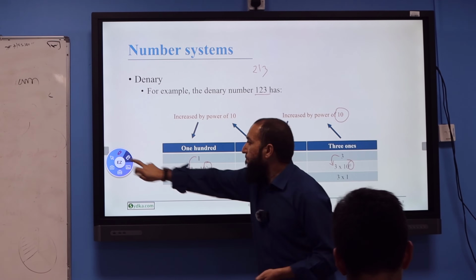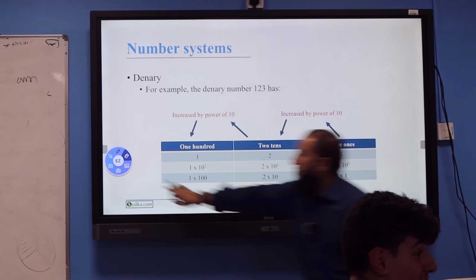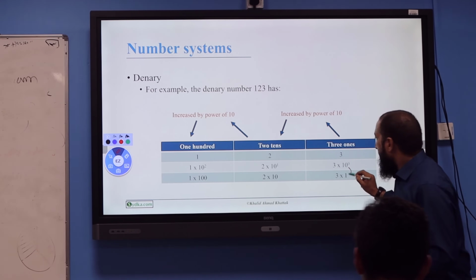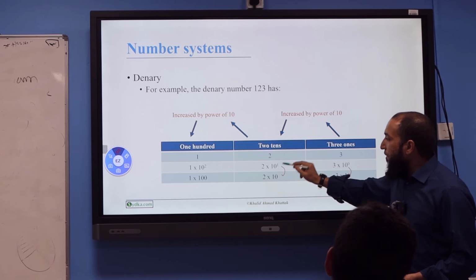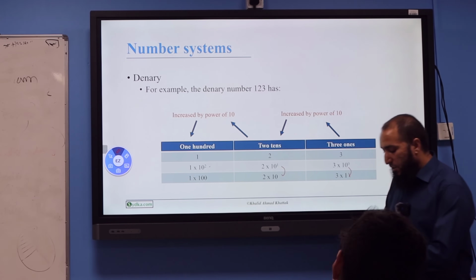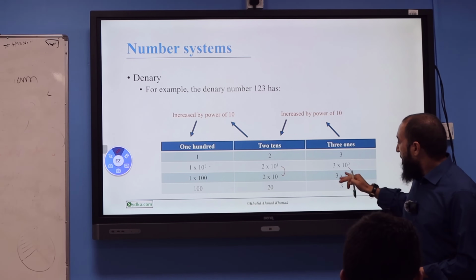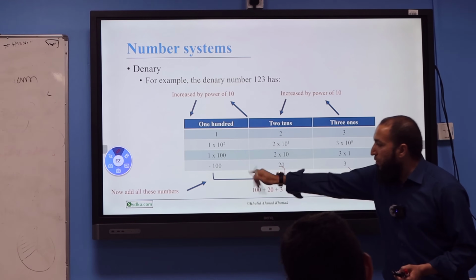So we got 10 from here, and we got 1 from here. Then in the next step we simplify further: 3, 20, and 100. And the last step is we add all these numbers.